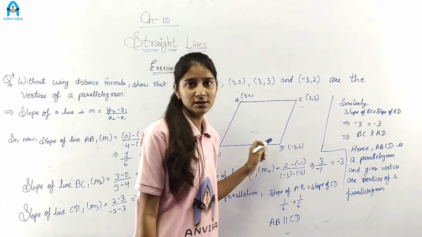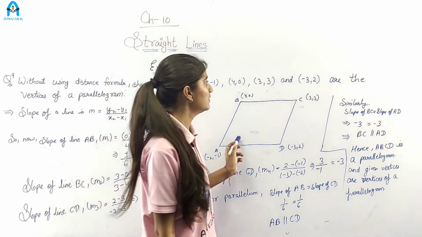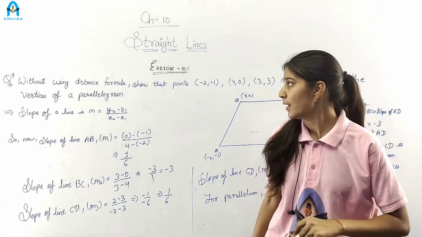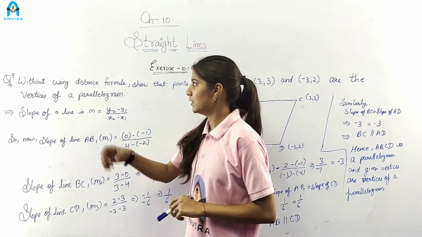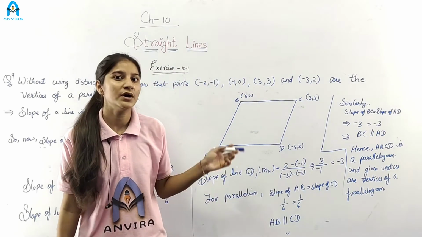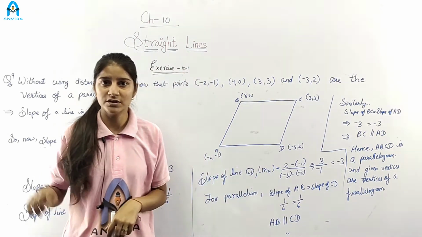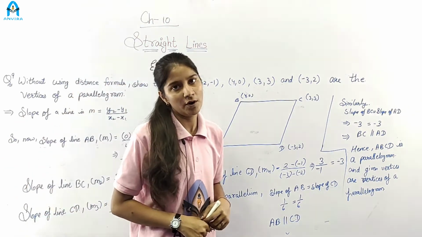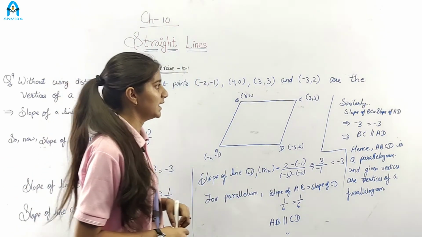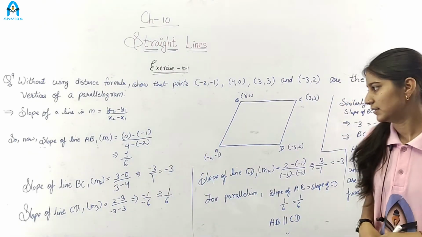If ABCD is a parallelogram, that means the given vertices are vertices of a parallelogram. Here we prove the quadrilateral as a parallelogram without using the distance formula. So let's take a screenshot for this.